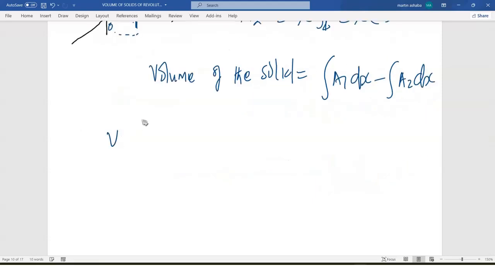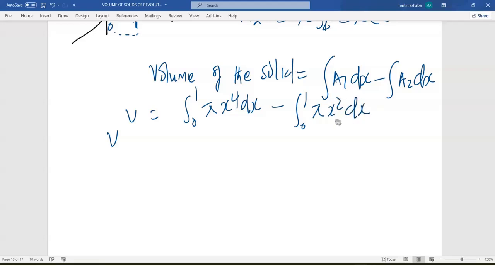So that volume will be integrating from 0 to 1 of pi x to the power 4 with respect to x minus integrating from 0 to 1 of pi x squared with respect to x.